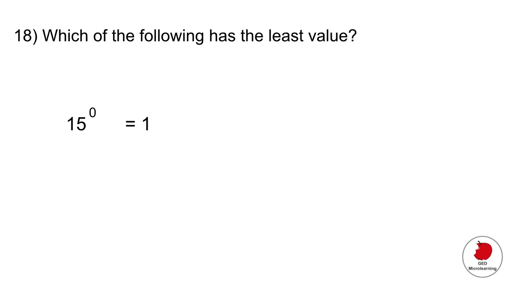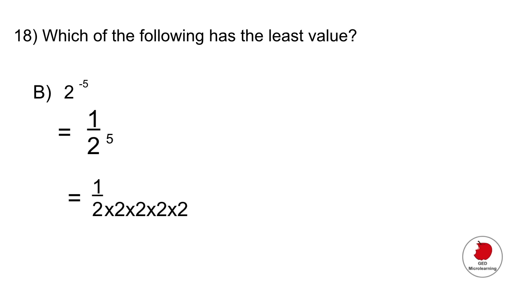Let's look at option A first, which says 15 raised to the 0. That is equal to 1. The reason is that there's a rule in math that says whenever you have a number raised to the 0 power, it's equal to 1. If we do B, we would rewrite that expression like this, and that gives us 1/32 or 0.031 in decimals.